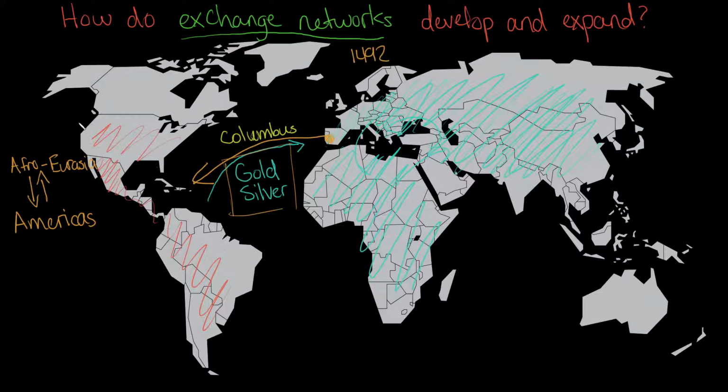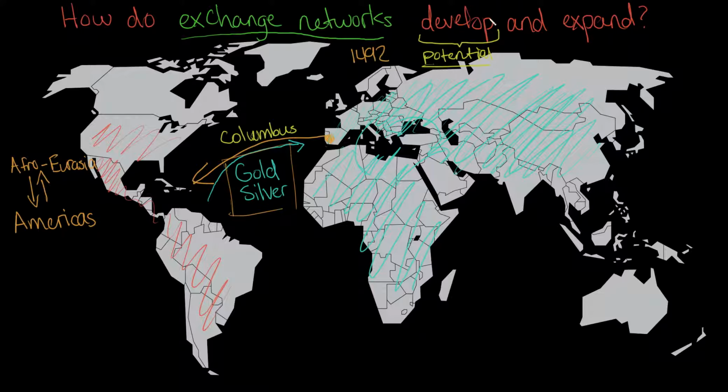There were furs. There were so many natural resources in the Americas that were sent back to Europe, and so we can guess maybe that exchange networks develop because of a potential. There's some kind of potential of getting rich.